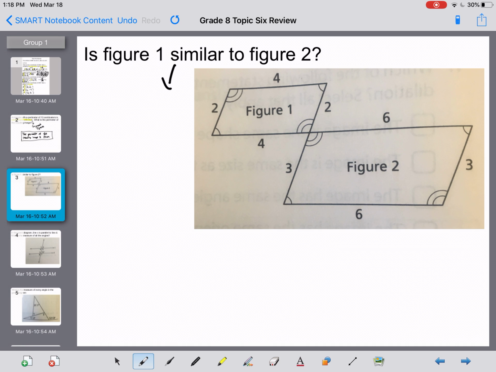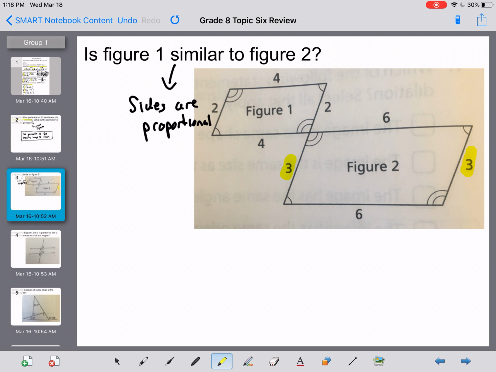When images are similar, that means that the sides are proportional. So when I look at this, I'm going to look at my side lengths and see if they are proportional.